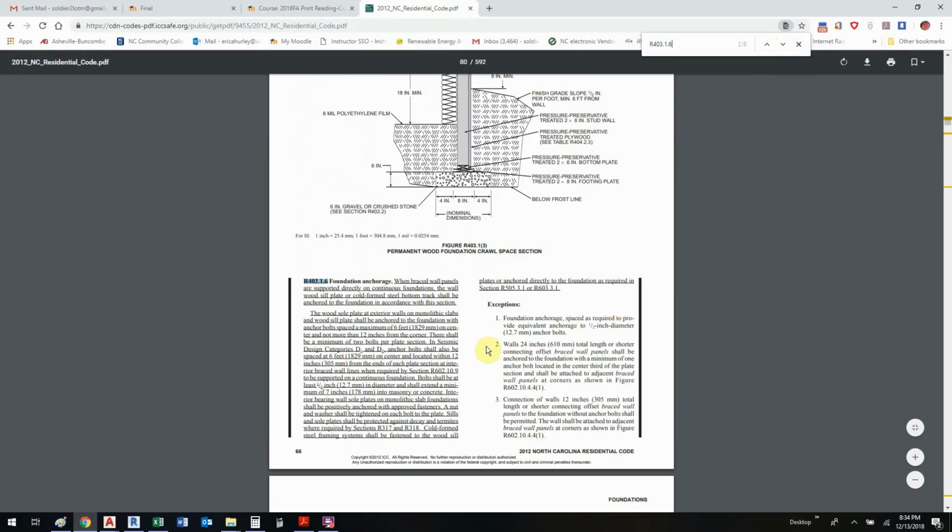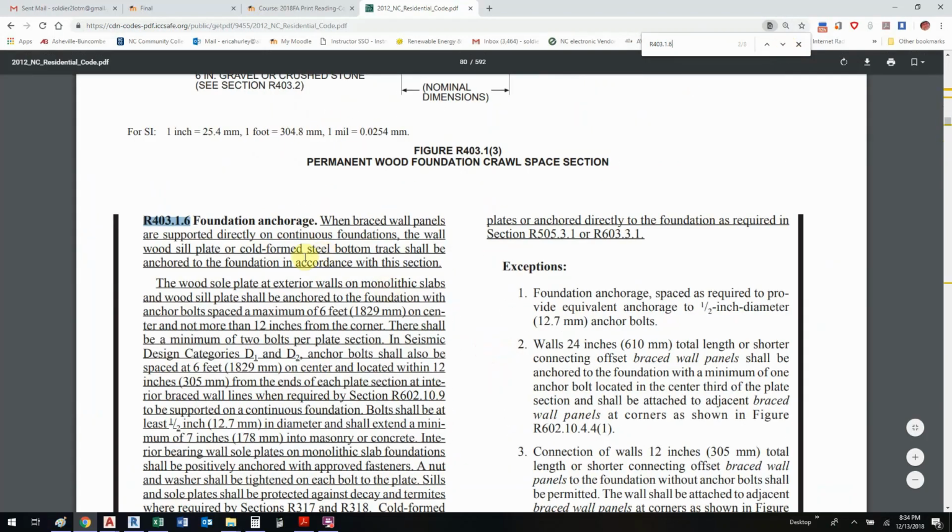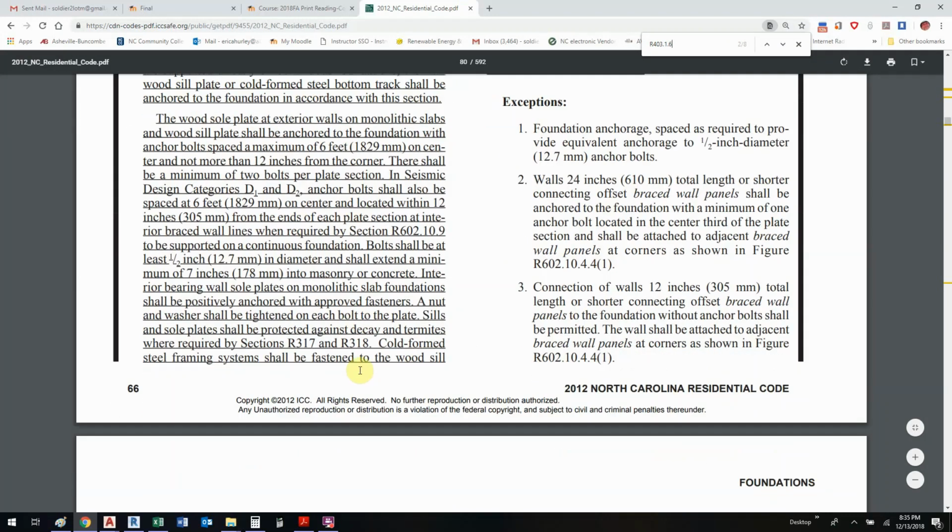And I'm just going to go until I find R403.1.6 Foundation Anchorage, and it talks about the sole plate and that there shall be a minimum of 2 bolts per plate section, and so on. If you keep going down through here, you will find that bolts shall be at least a 1/2 inch in diameter and shall extend a minimum of 7 inches into the concrete or masonry.